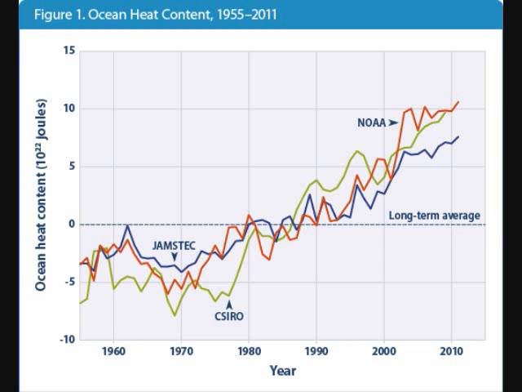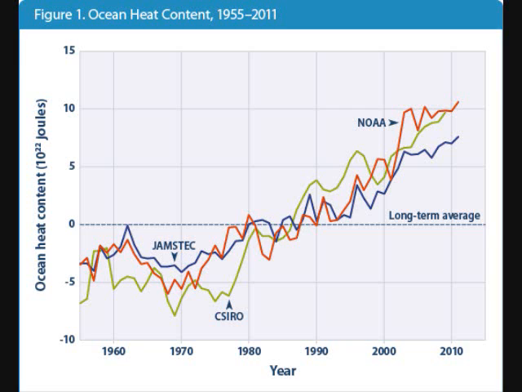So NOAA is the orange line, then the blue line is JAMSTEC, a Japanese scientist group measuring it. The third line is the green line, which is CSIRO, an Australian group.